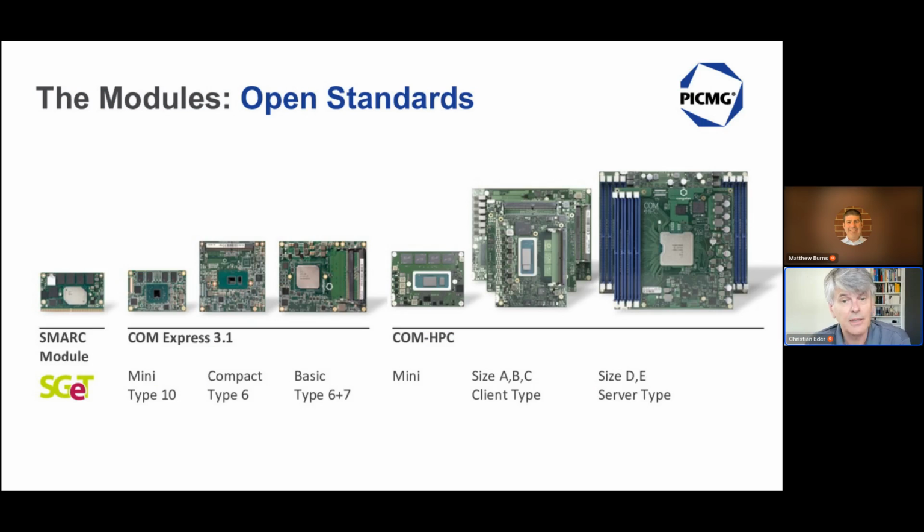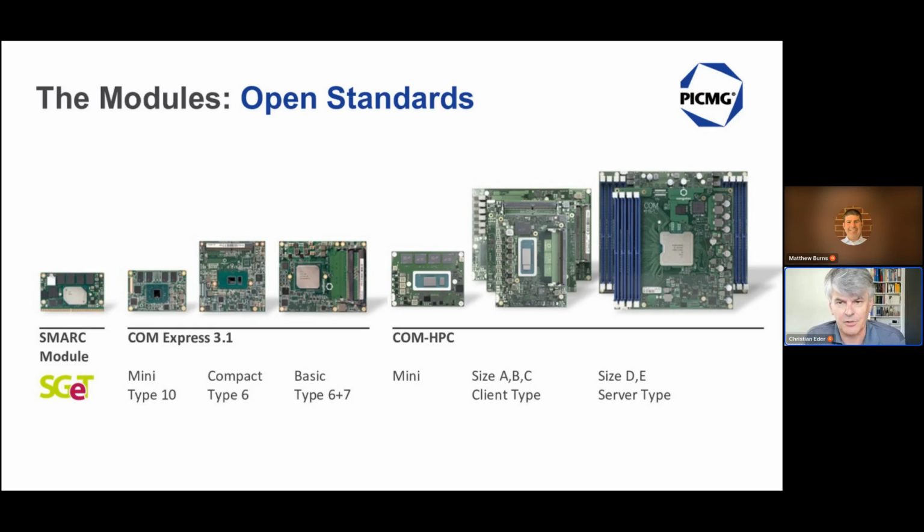So overall, you see, there are a lot of advantages and a lot of different standards here. Open standards, it's not a complete list. There might be some more, but those are, from my point of view, the most important ones. So COM-Express, which has been in place since 2005 or so. There are different versions of that. COM-HPC is the newest one, which scales up.